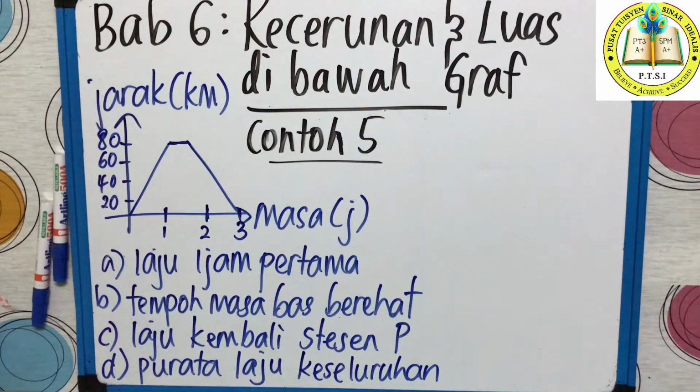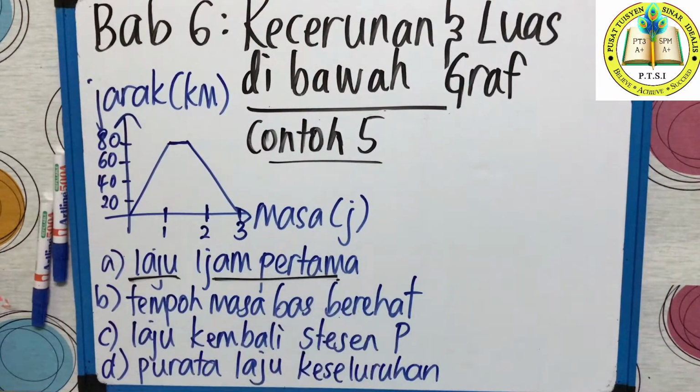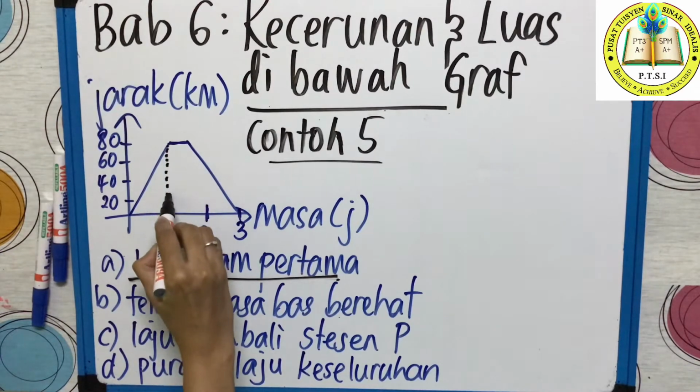Soalan A, laju. They ask for the speed. Laju 1 jam pertama. When they say laju, 1 jam pertama is the first 1 hour. First is the jam, right? First 1 hour is this part.